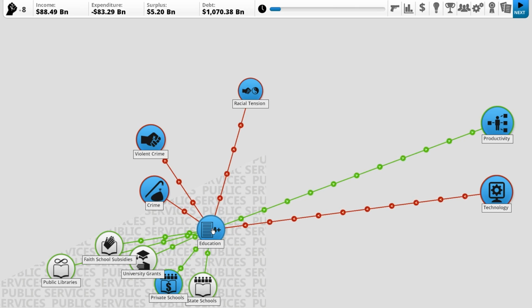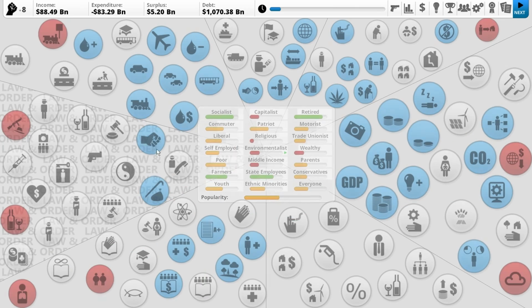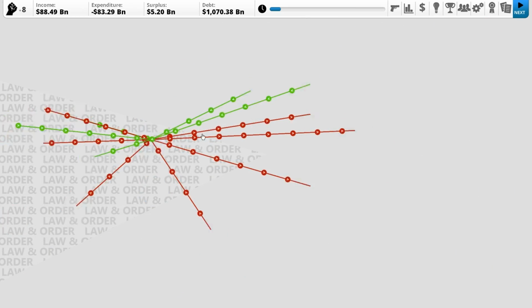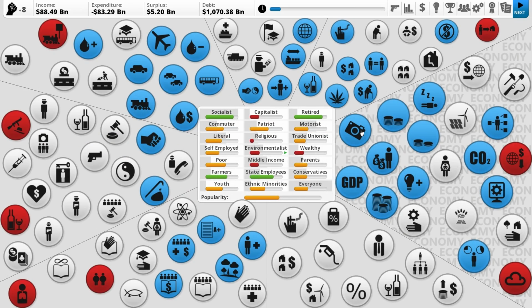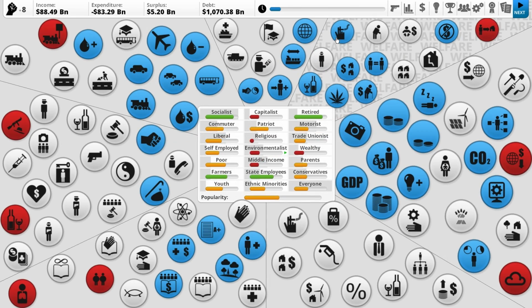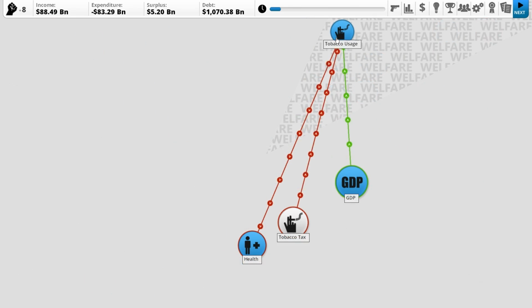So if your education is positive, that will lower crimes. Lower crimes will affect all of these things. Tourism will affect all these things. So there are so many things. At some level, everything affects everything.